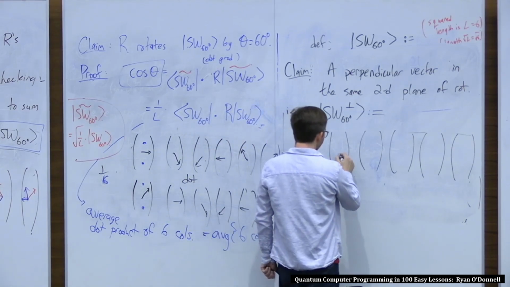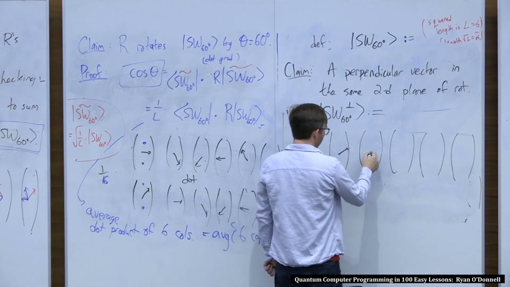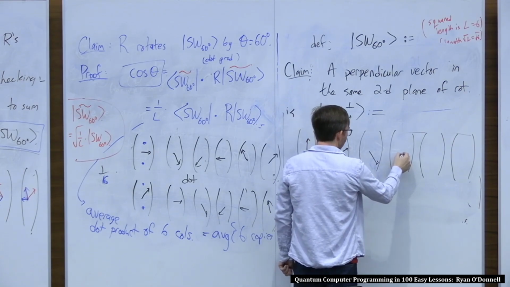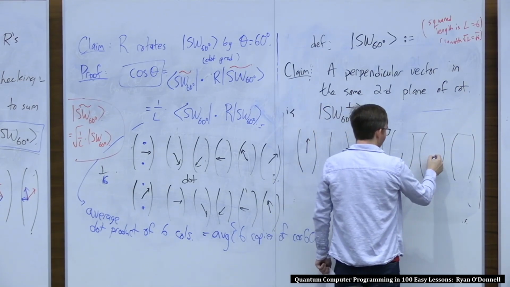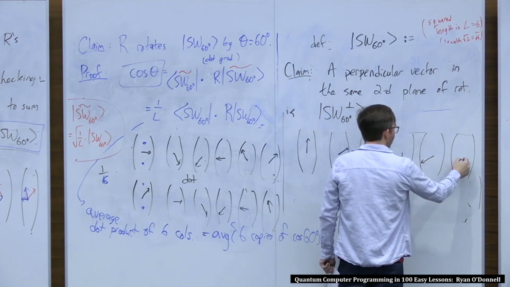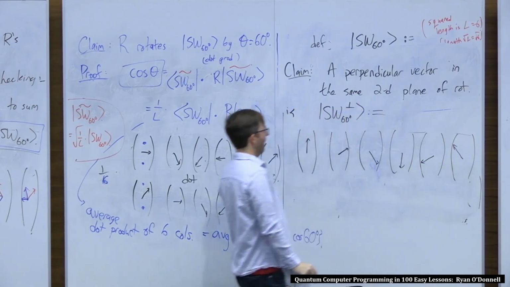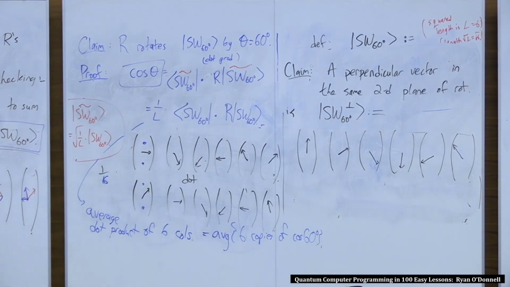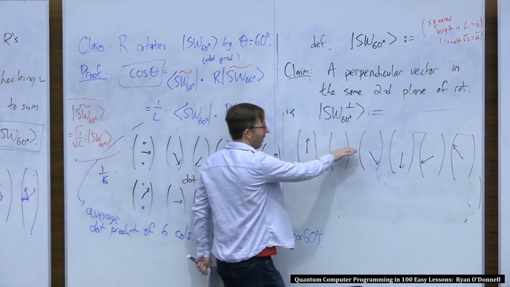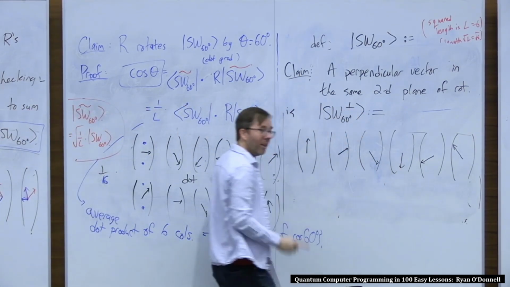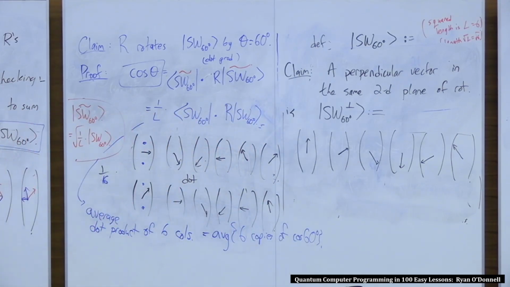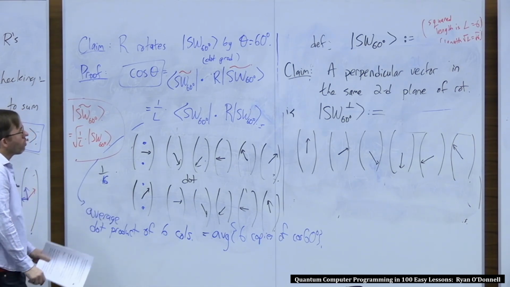So you go to 2 o'clock, and then 4 o'clock, 6 o'clock, 8 o'clock, 10 o'clock. Oh wow, great. Why didn't I say that? This one's even nicer. You can even sort of see it going around by 60 degrees clockwise.